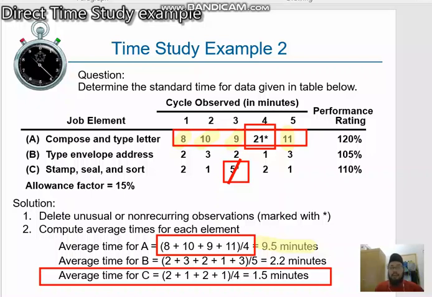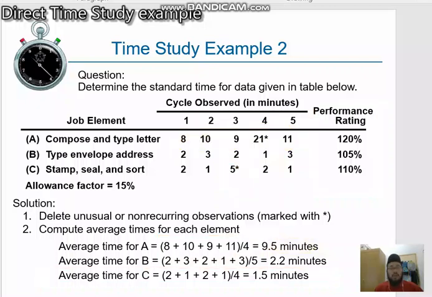For normal time, we can see that the performance rating given is specific for each element. For example, 120% for element A, 105% for element B, and 110% for element C. In this case, we have to determine the normal time specific for each element.